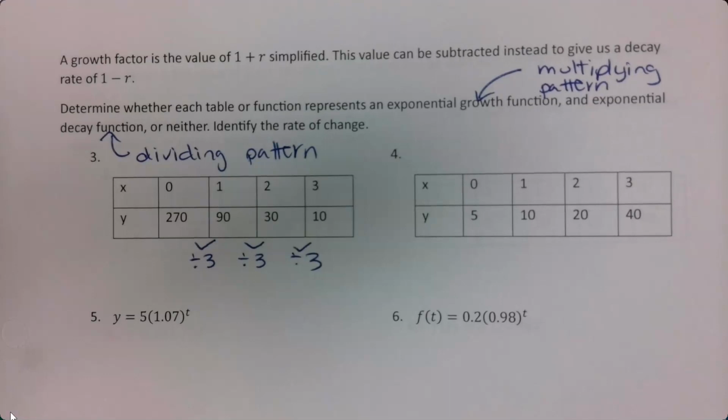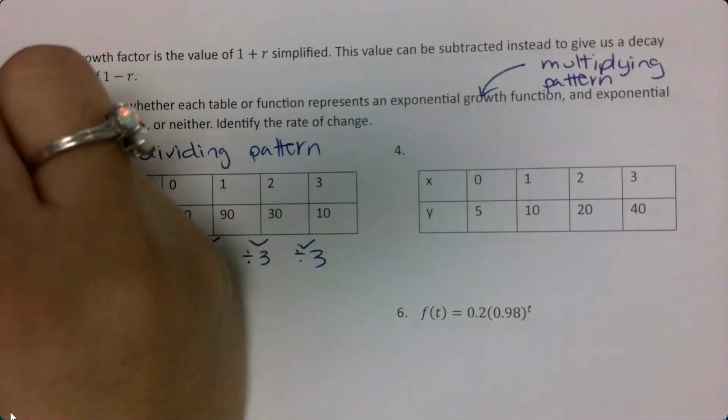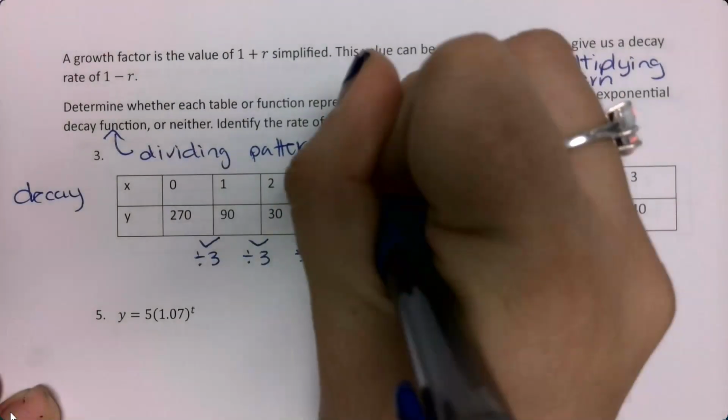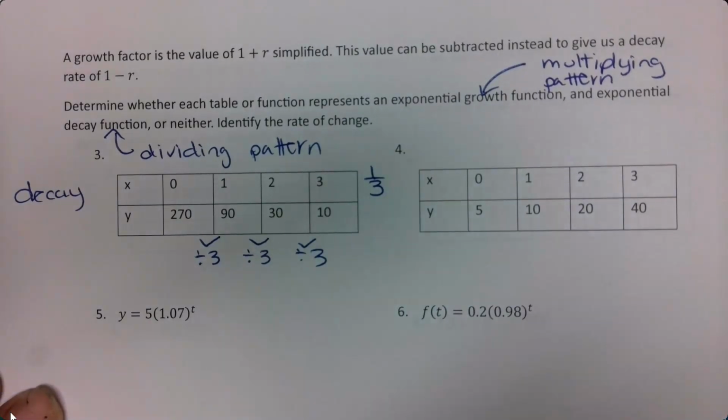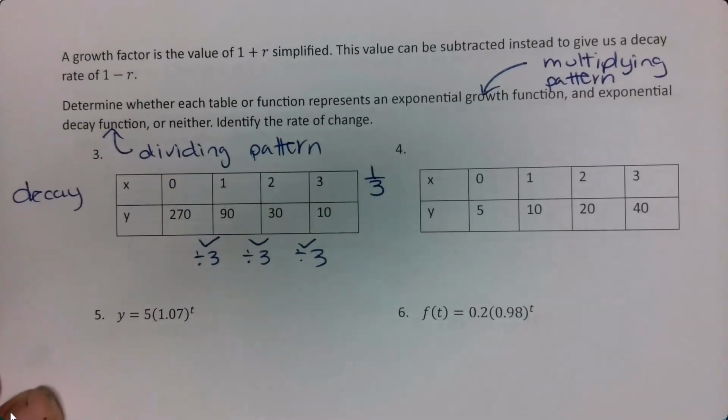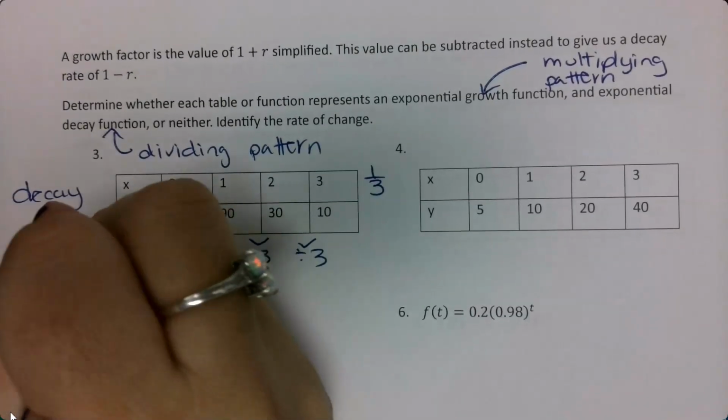So, this one is what? Decay. And we said it was dividing by 3. I can rewrite that as 1/3. So to find my rate of change, I want to take 1 minus that 1/3.